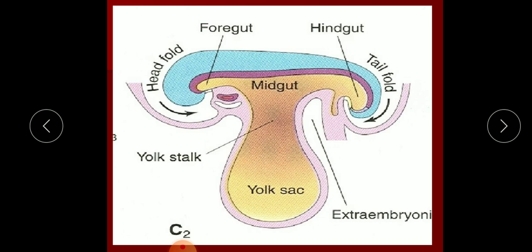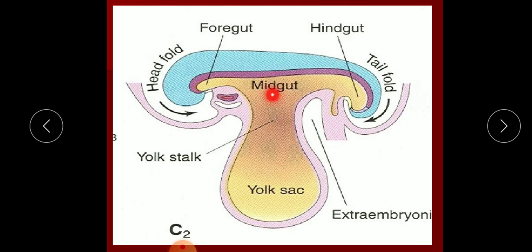So now, with the formation of the primitive gut, you subdivide the primitive gut as foregut, this is the midgut, and this is the hindgut. So what is foregut? Foregut means that part which lies cranial to the midgut. So first we'll define midgut.